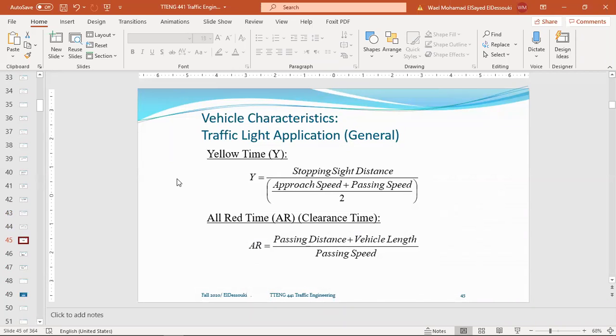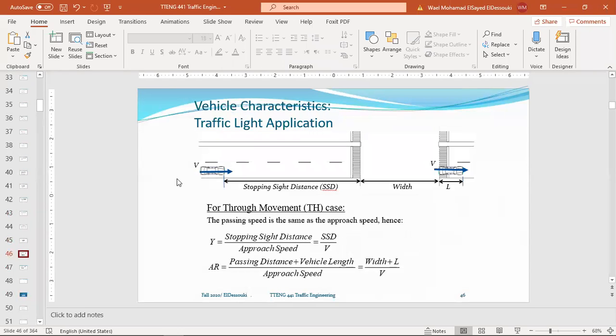Then we discussed the application of vehicle characteristics to traffic lights. We said that we use the stopping sight distance in determining the yellow time, where the yellow time equals the stopping sight distance divided by the approach speed plus the passing speed divided by 2. And also the all red time, the clearance time, is basically the passing distance plus vehicle length divided by the passing speed.